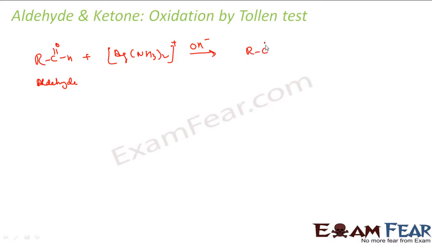It gives RCOO minus, my carboxylic acid, plus silver, plus water and ammonia. This is my silver, so I get the silver lining on the test tube. This is also called the silver mirror test, and happens in alkaline medium.